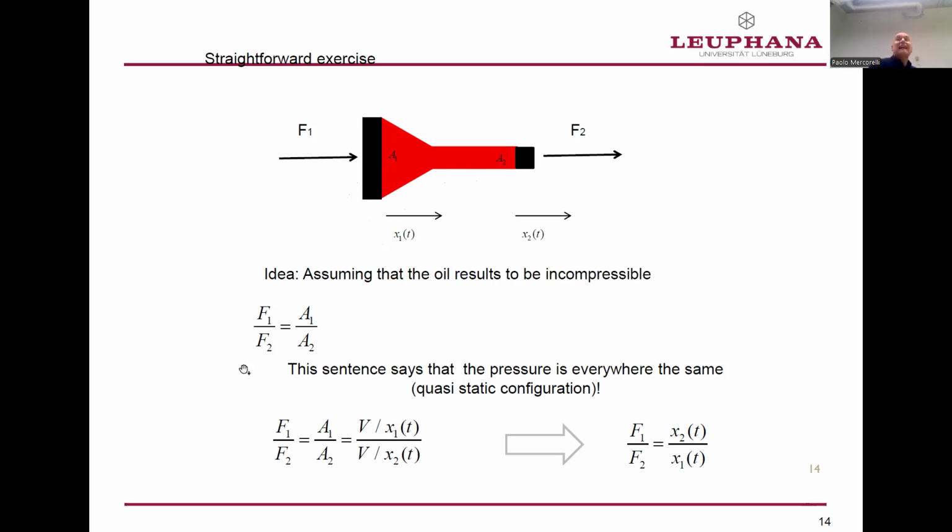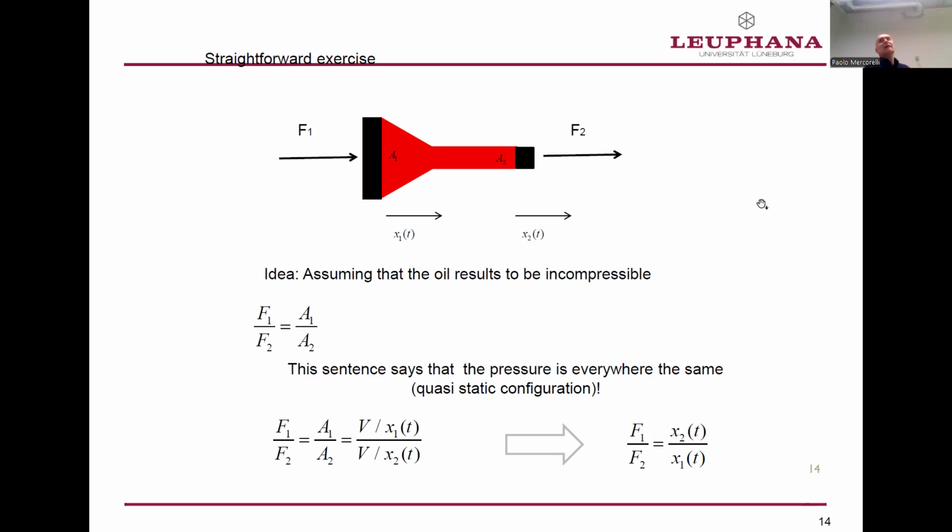This is valid at each time. It's the same, left and right. The picture is not so nice to understand this, but try to imagine the volume which I move on the left. I will put another better picture. The volume which I move on the left, if it's not compressible, is equal to the volume of fluid which I move on the right.